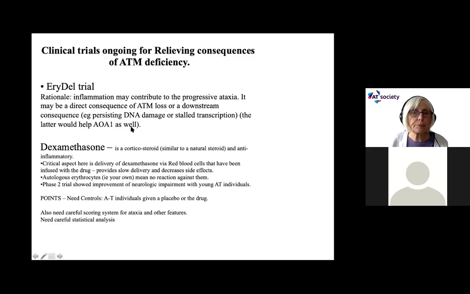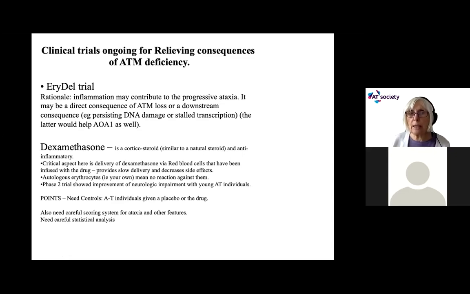So the treatment uses dexamethasone, which is an anti-inflammatory agent, and you may have heard it talked about in terms of coronavirus, where patients, particularly those in hospital, have their problems compounded by severe inflammation, and dexamethasone can dampen that inflammatory reaction and help the patient survive.